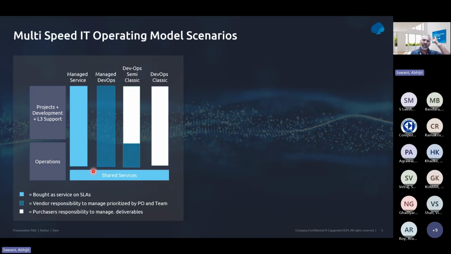So this is what you see under the operation. Some part of it is being addressed as a horizontal layer. Then the leftmost part is what we call the managed services layer. This is something which, as per the earlier characteristics, is the most stable, with a smaller number of developments, ideally no developments.